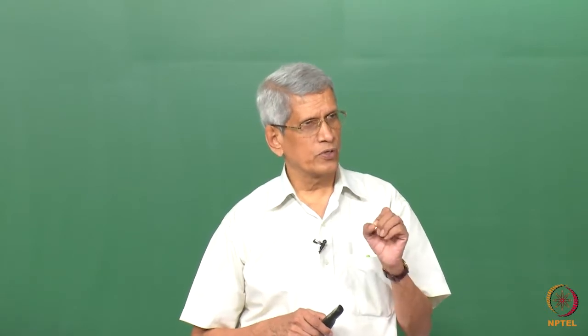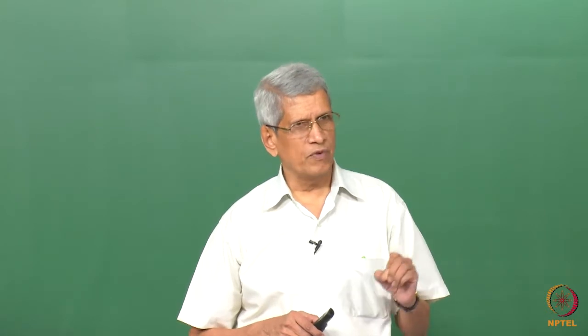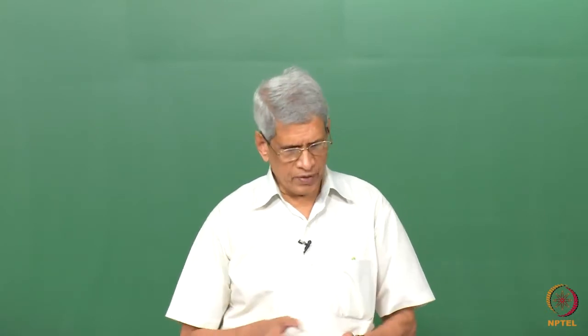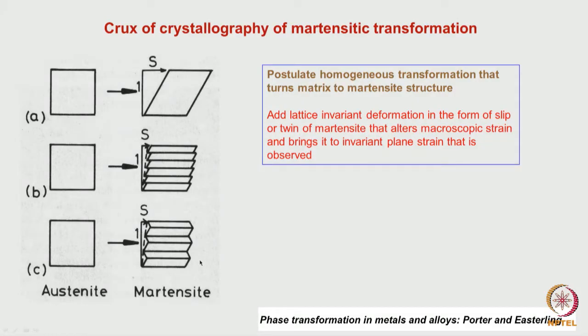Afterwards we introduce a local deformation, which we call lattice invariant shear, with which we try to bring back the original shape as much as possible. Whatever portion remains which has not been accommodated, that strain is what we see as the macroscopic shear. This strain also looks like a homogeneous one. That is what is being observed in the sample.